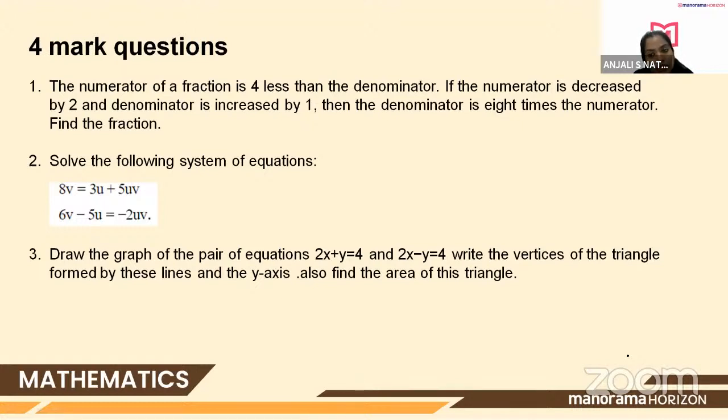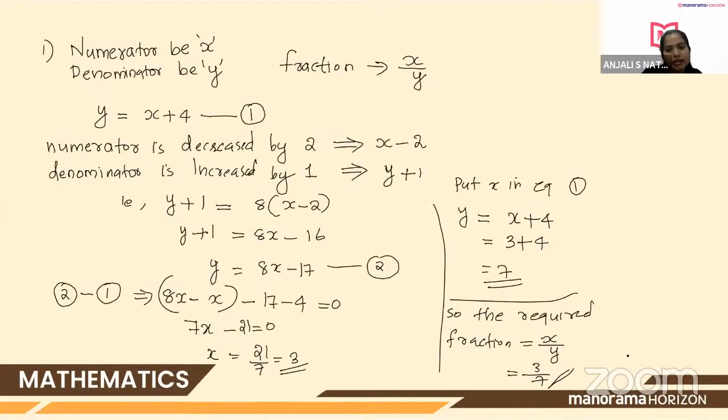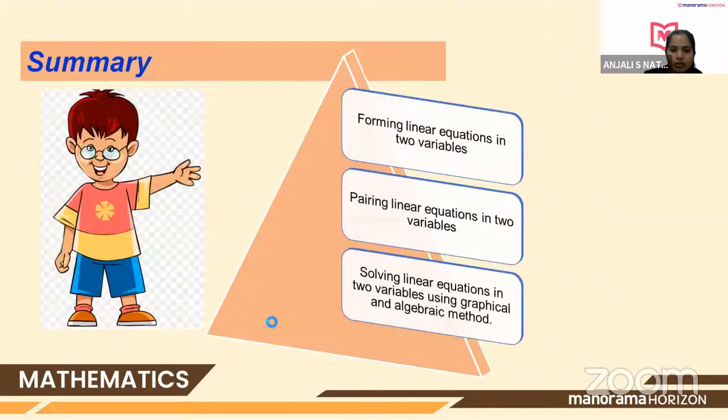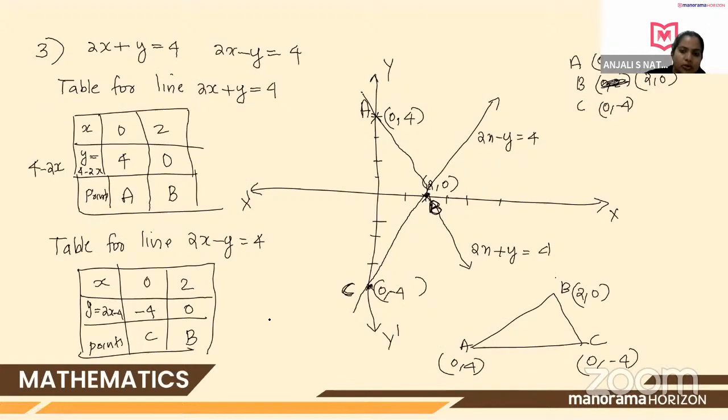Write the vertices of the triangle formed by these lines. So what are the vertices of this triangle? Vertices are A, B, C, which is A is 0, 4, B is 2, 0, and C is 0, minus 4. Then we have to find the area of this triangle.